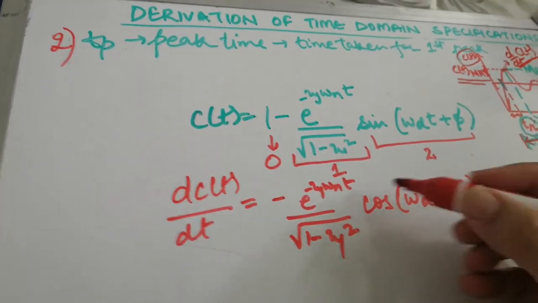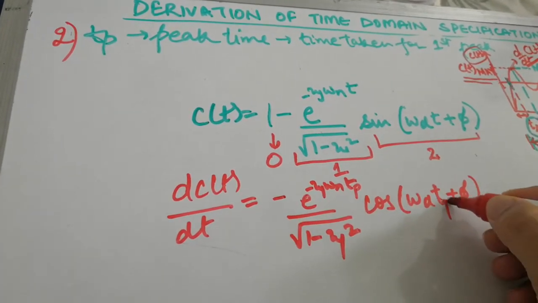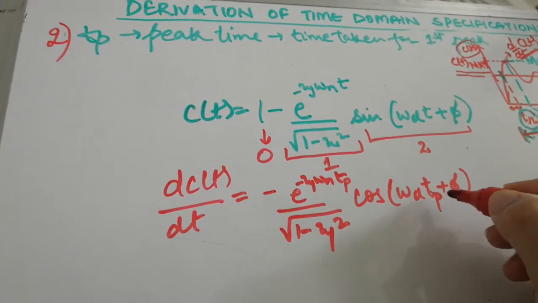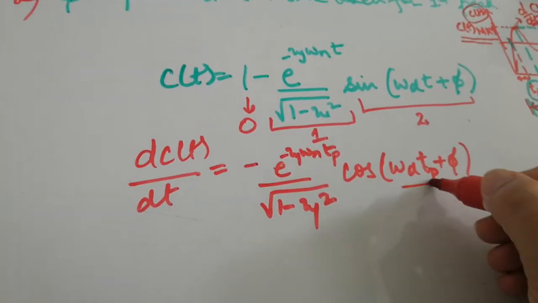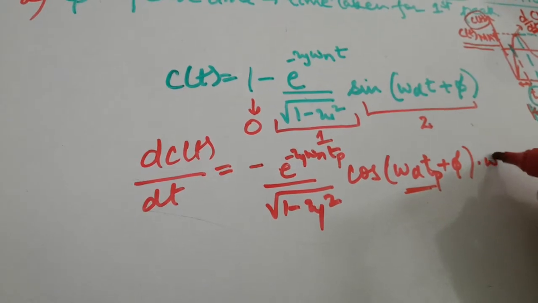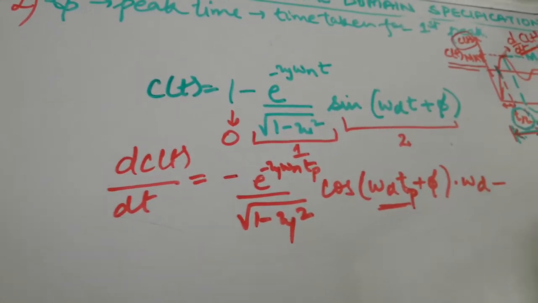When we are differentiating it, this t is going to change into tp, because corresponding to the maximum value, we are getting the value of tp. So then the derivative of this thing will be omega d, right? Now we are again going to go for the first part.